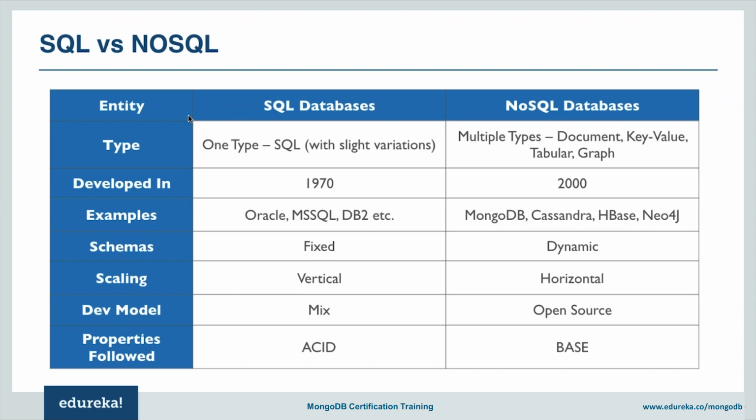Then if we talk about when it was developed, SQL has been evolving for almost 3 to 4 decades now. It's almost 4 decades now. More than 4 decades now. So somewhere around the 1970s is when SQL came into existence. However, NoSQL is relatively new. It's almost less than a couple of decades, a decade or so. It's almost around the 2000s, the Y2K boom.